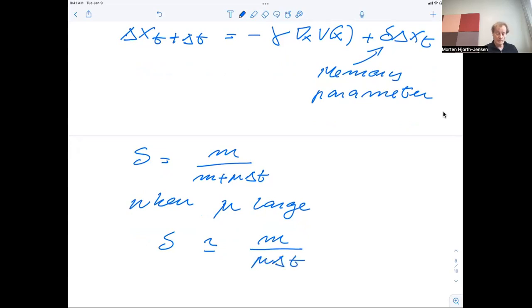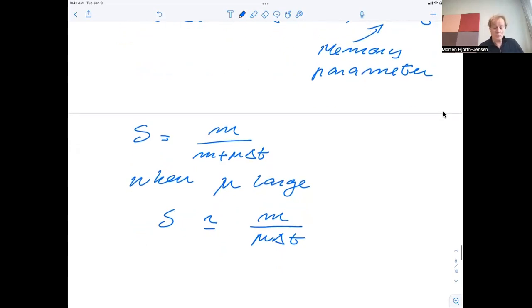So that means that this memory term is going to scale in a specific way in the limit of large values of this parameter mu.